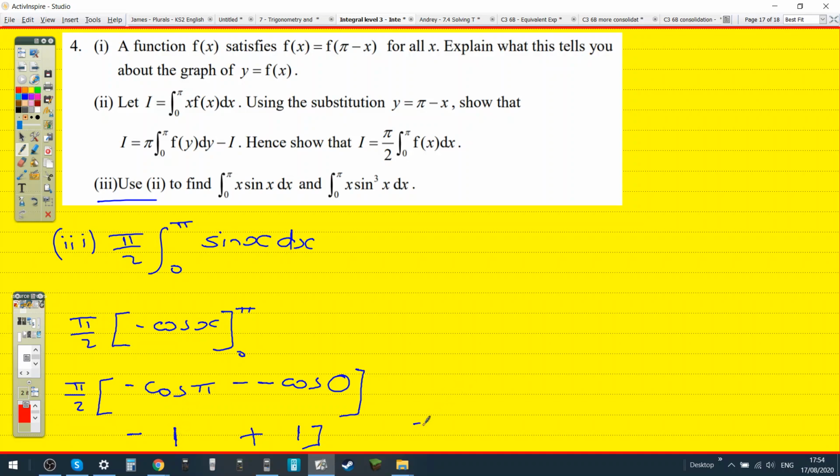And so pi over 2 times 0, you get 0. Yeah. We can't be getting an area of 0. Hang on. x sine x. So the f of x is sine x.